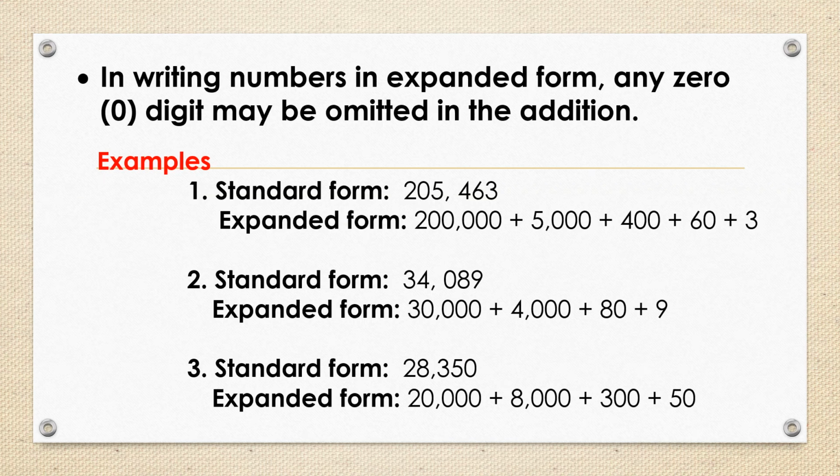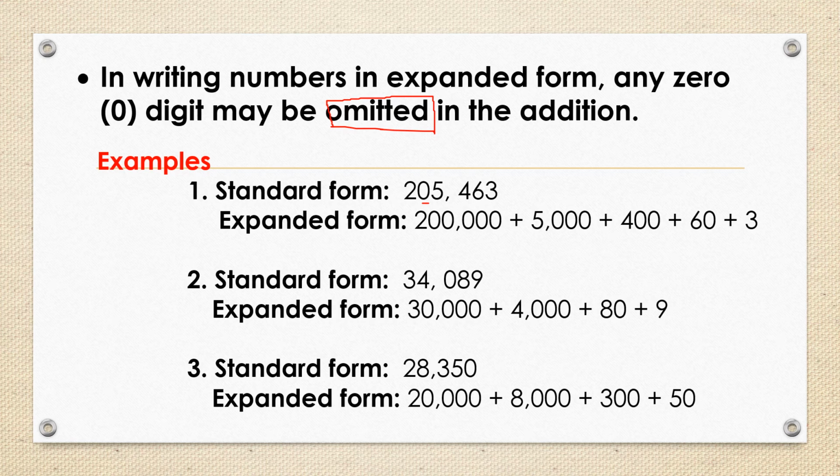In writing numbers in expanded form, any 0 digit may be omitted in the addition. If we say omitted, remove. You may not write it anymore. Like for example, number 1, the standard form, 205,463. I did not write 0 anymore in the expanded form, the value of 0, because that's 0. As you can see, the value of 2 is 200,000.